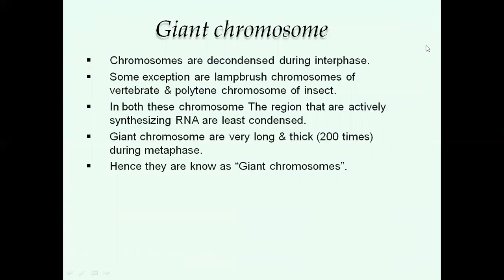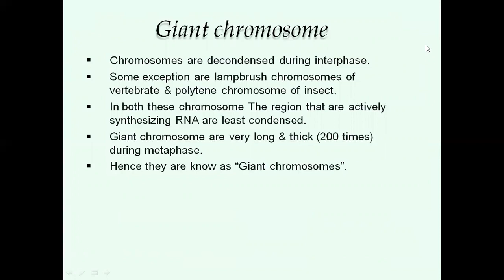These chromosomes are decondensed during the interphase stage, as an exception, in the highly specialized chromosomes of vertebrates and the Polytene chromosomes of insects. In both these chromosomes, the regions that are actively synthesizing RNA are least condensed.